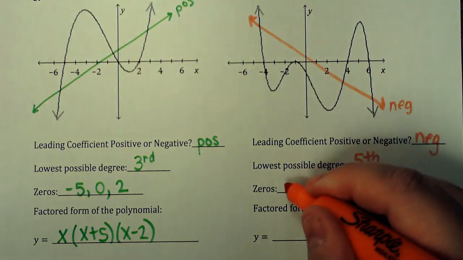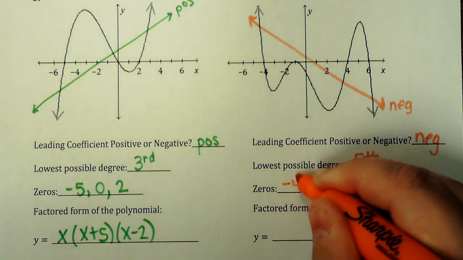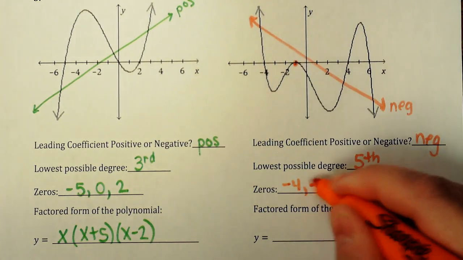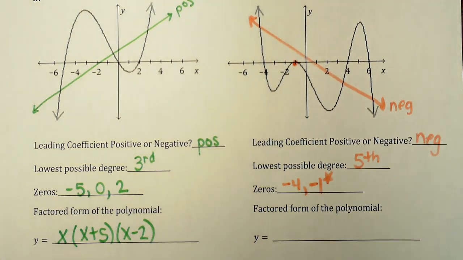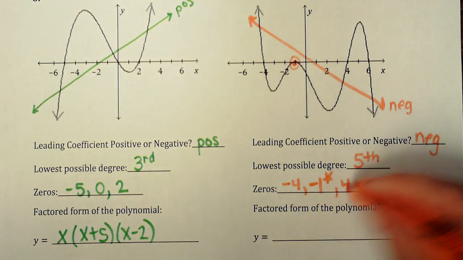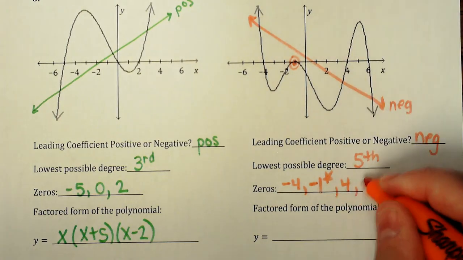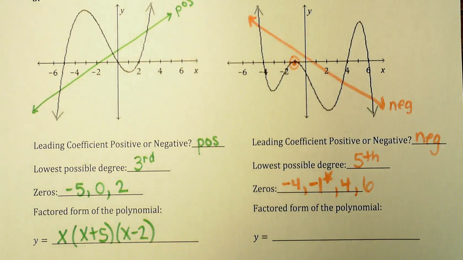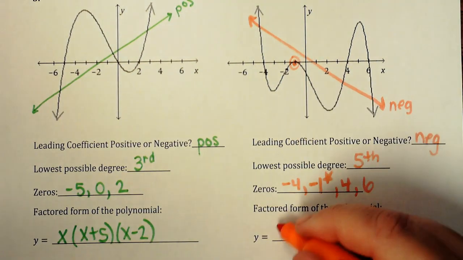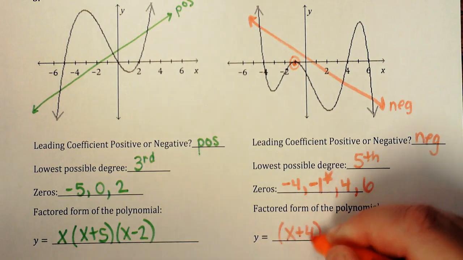Okay, now let me look back at the graph. So my zeros, I'm going through negative 4. I am not going through, but I am touching negative 1. So that has an even multiplicity because I've got a bounce here. All right, I go through positive 4 and I go through 6. So the only multiplicity I have to worry about is where I touch the negative 1. So I'm going to write x plus 4.